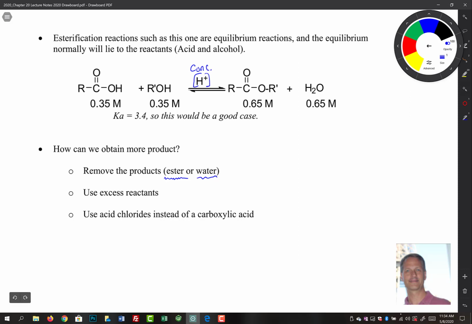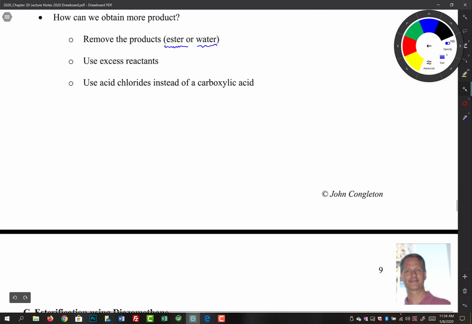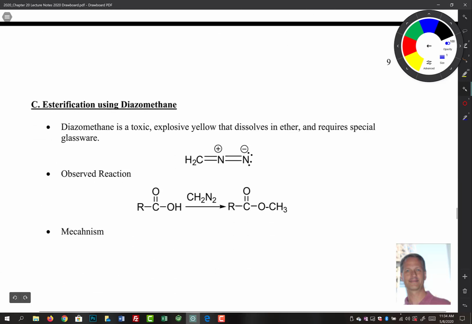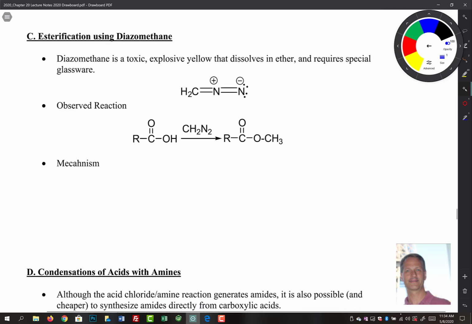Now, there's other ways here too, other than starting off with acid chlorides, in which we can make esters. And that is using a compound called diazomethane. This is something that we talked about a little bit in our chapter 19. These are great reactions, but if you look at that first little bullet point, there's a problem.